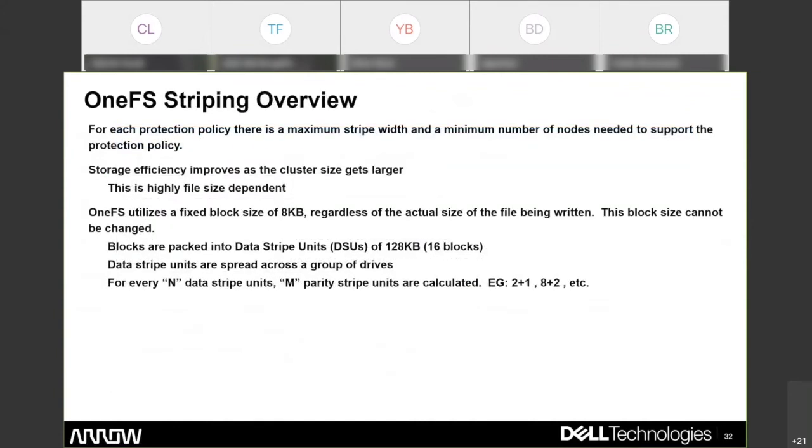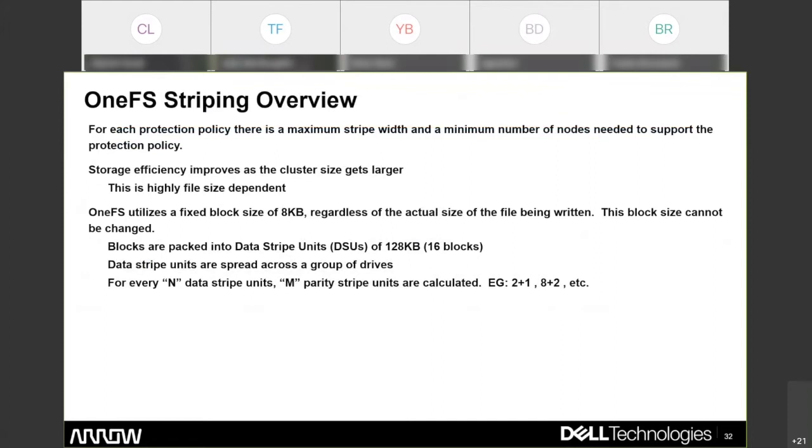So just to kind of review, for each protection policy, there's a maximum stripe width and a maximum number of nodes, and a minimum number of nodes that are required. Storage efficiency gets better as the cluster gets bigger, and again the OneFS block size is fixed at 8K, and it cannot be changed.